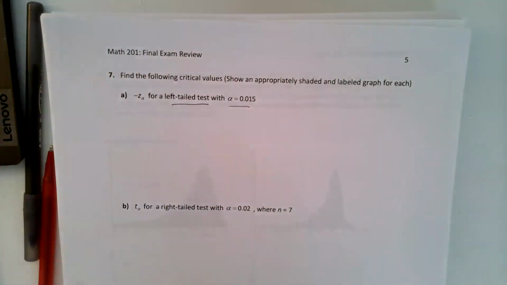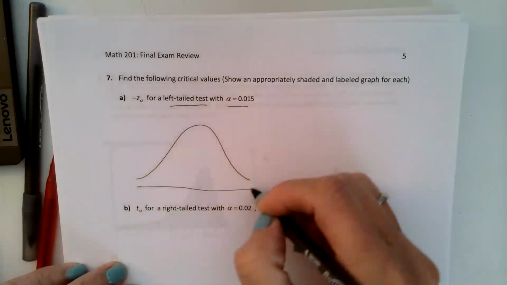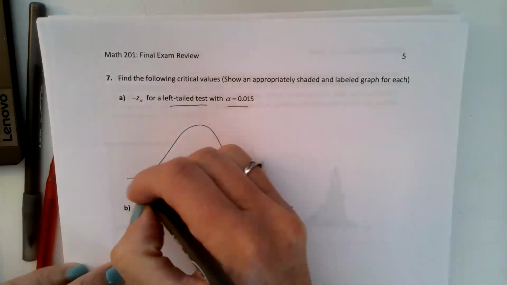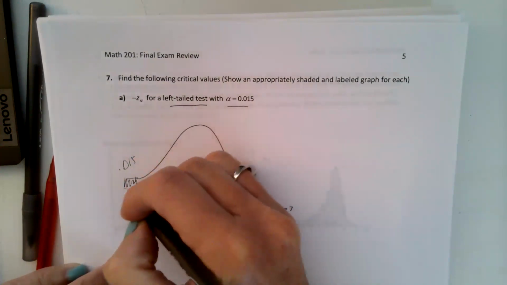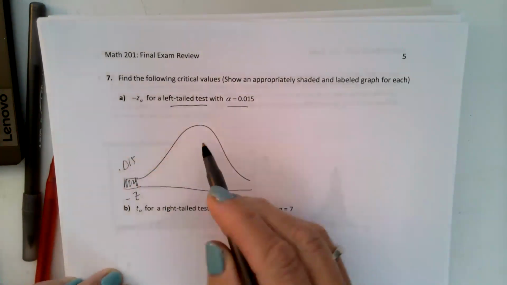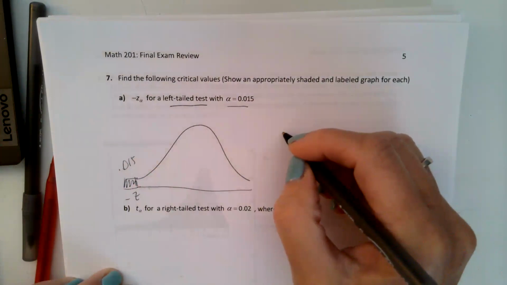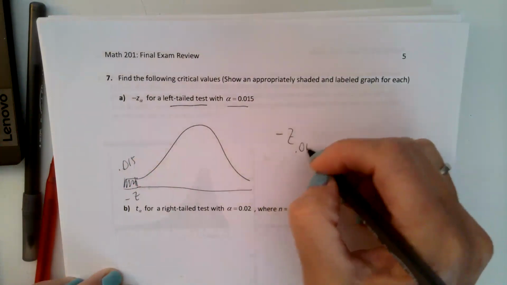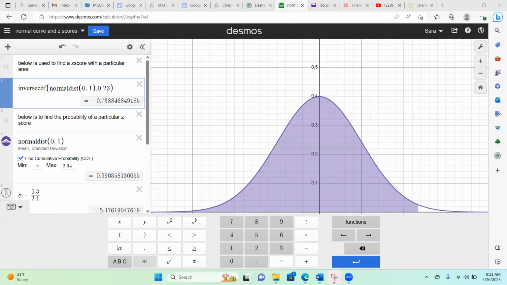But again, because it's the negative, it's going to be some z over here. And left tail means it's a negative z. So it's the negative z of 0.015. And so we're going to go back to our Desmos here, and we can put in 0.015.